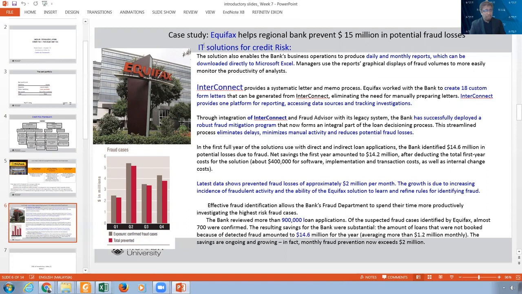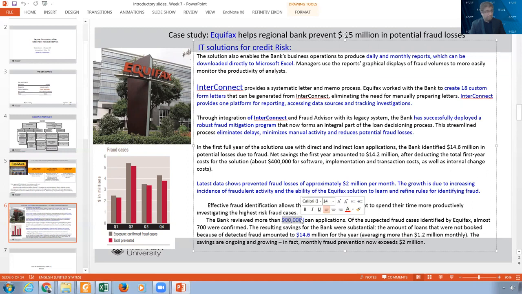Now, these people have developed something like an IT solution, and when this company got involved with a regional bank, they checked around 900,000 loans. And you know what? In those 900,000 loans, they found the defaulting loans or fraud.